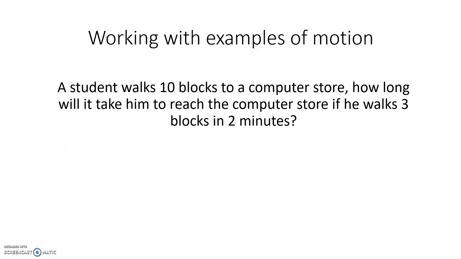So, examples. A student walks 10 blocks to a computer store. How long will it take him to reach the computer store if he walks 3 blocks in 2 minutes? Our idea here is that we have a speed of 3 blocks in 2 minutes. 3 blocks is our distance, and we have a time of 2 minutes.